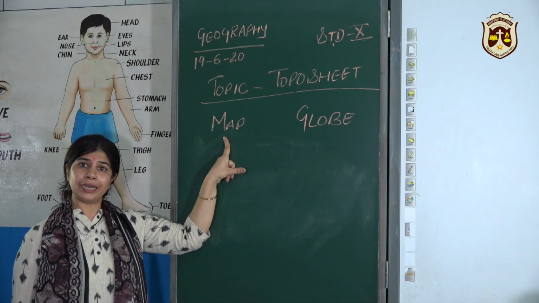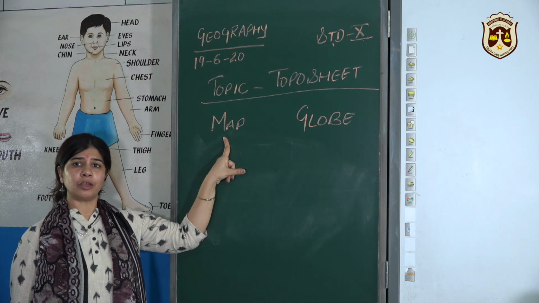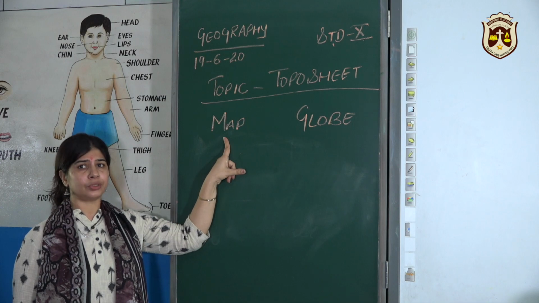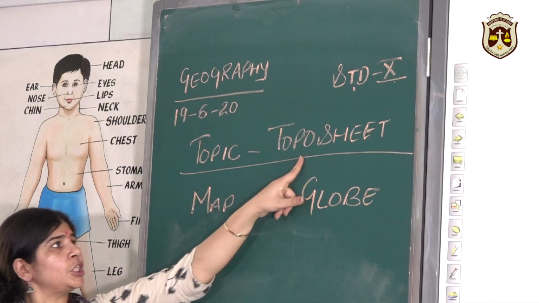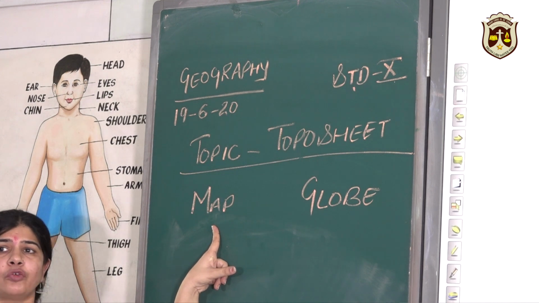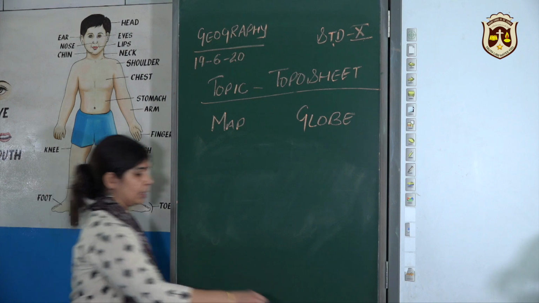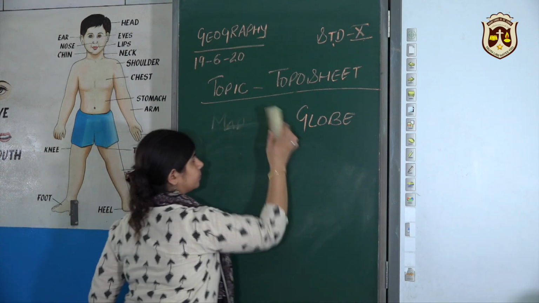A map can be folded and taken easily, so it is very convenient to use. Since the topo sheet is also a map, we will focus on the map only.